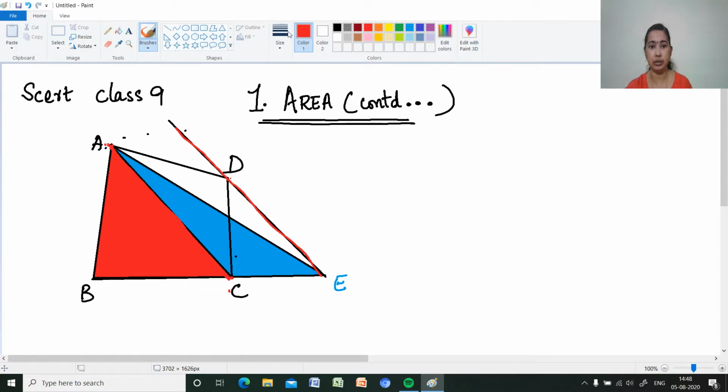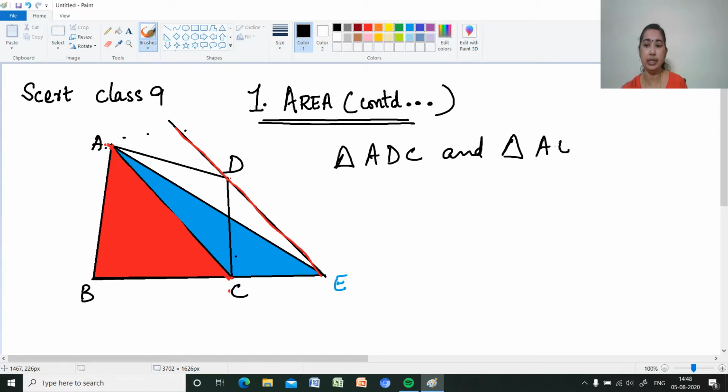So triangle ADC and triangle AEC have the same area.